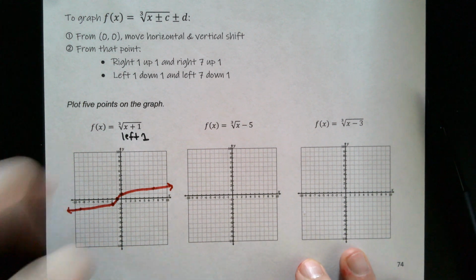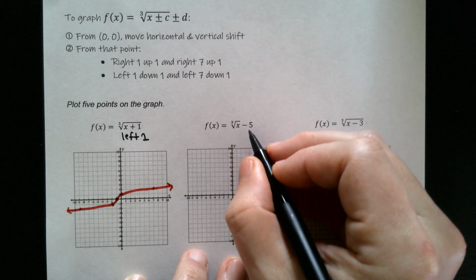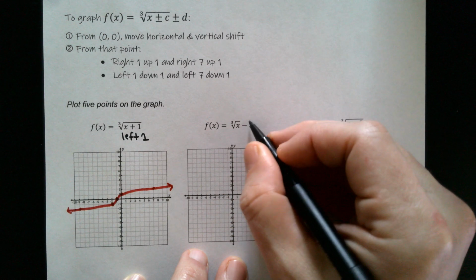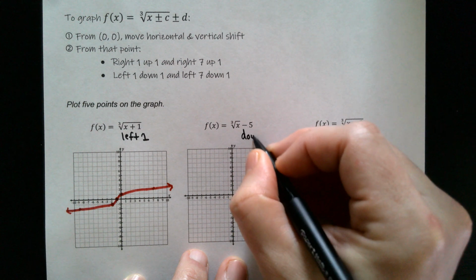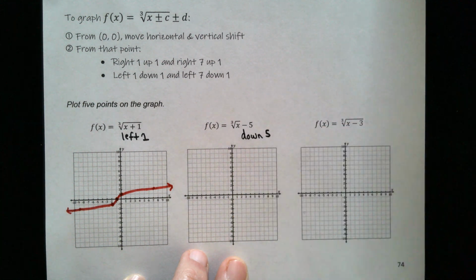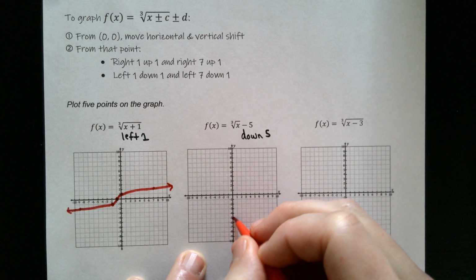Let's take a look at this next one. We've got the cube root of x and then a minus 5 on the outside. So this is an up and down shift, same as the sign, so it's going to be down 5. Instead of being at (0, 0), we shift it down by 5. There it is.